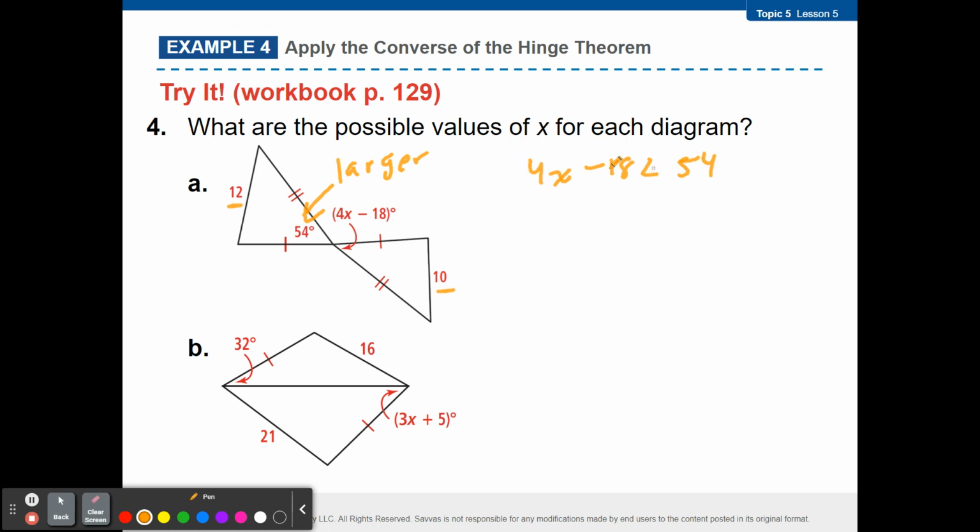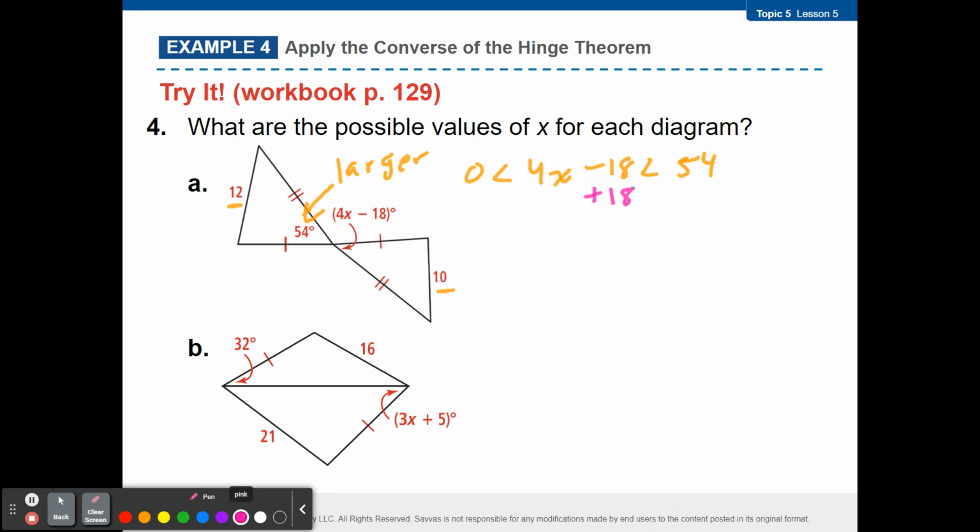Now, because this is less than, we're trying to find that restriction on x, right? Can an angle has to be greater than what? 0. Always greater than 0. So we're going to set it up like this. All right.